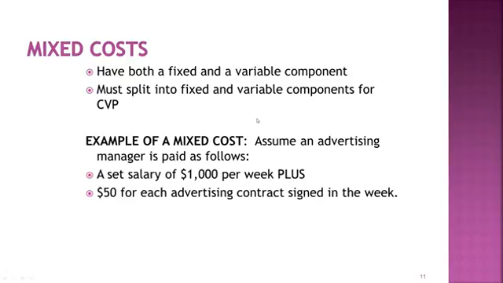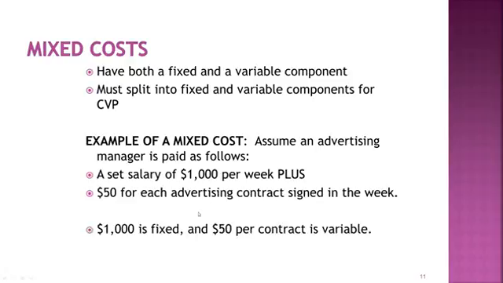So this is a mixed cost. The $1,000, the set salary, is fixed. He just gets $1,000 per week no matter what else happens. But the $50 for each contract is variable because it changes in direct proportion to the number of units signed.